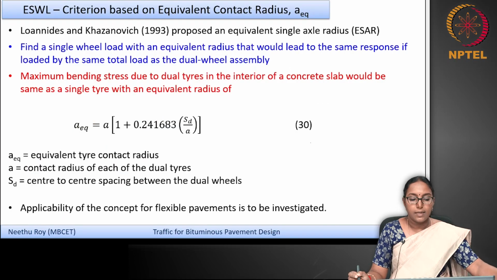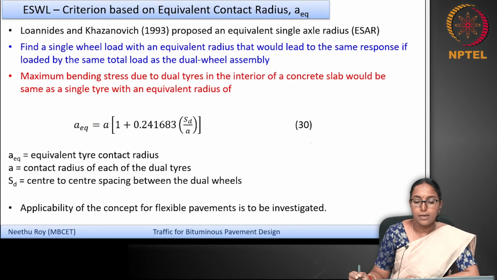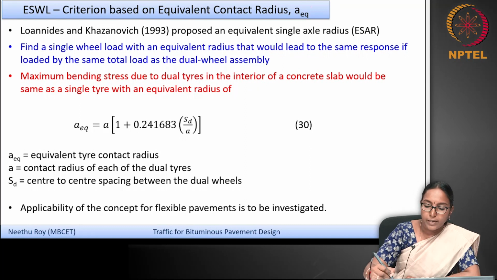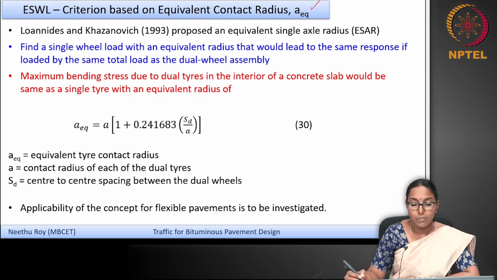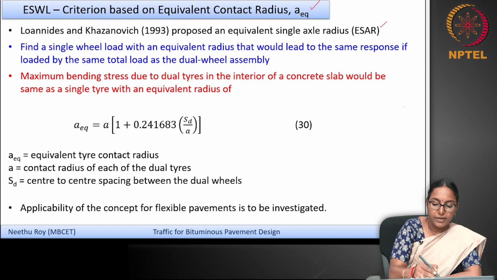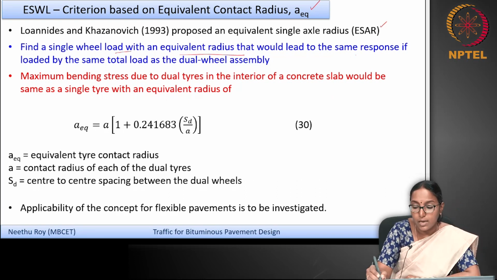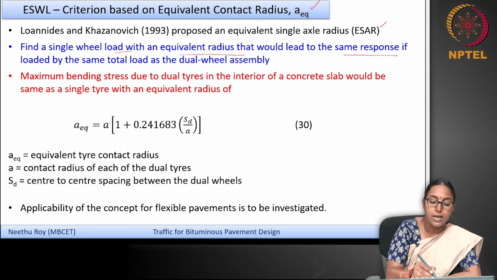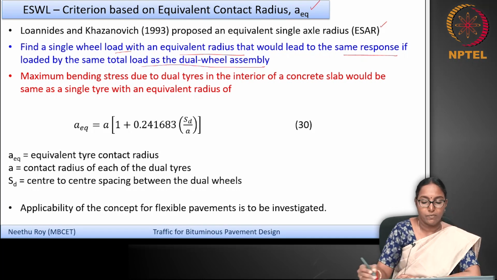Now this is the last approach, which is based on an equivalent contact radius, A equivalent. What you are going to find is a single wheel load with an equivalent radius that would lead to the same response if loaded by the same total load as the dual wheel assembly.